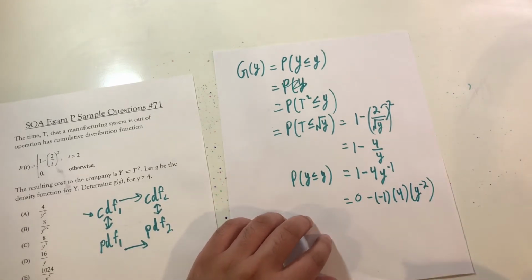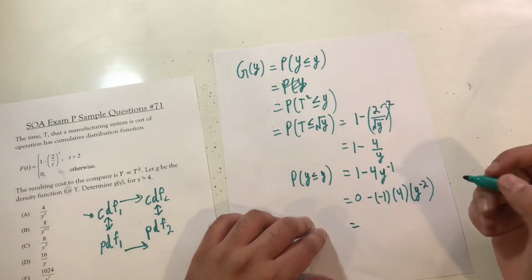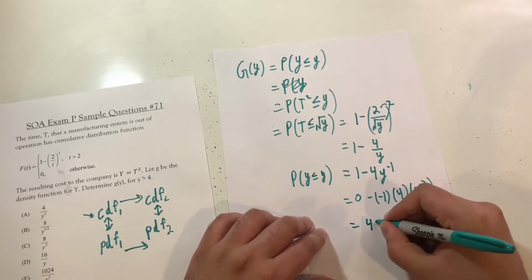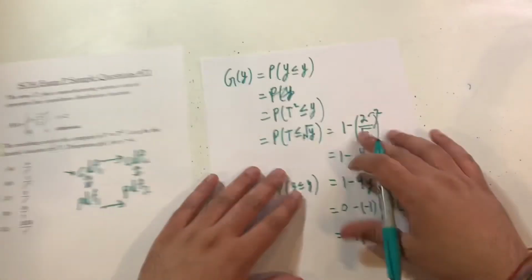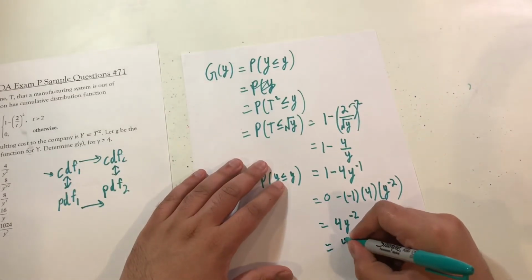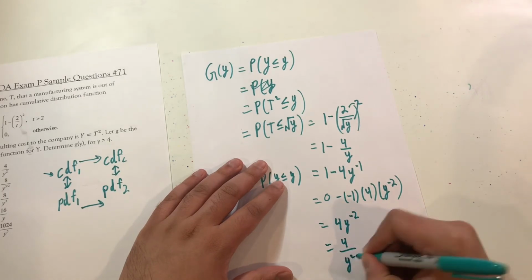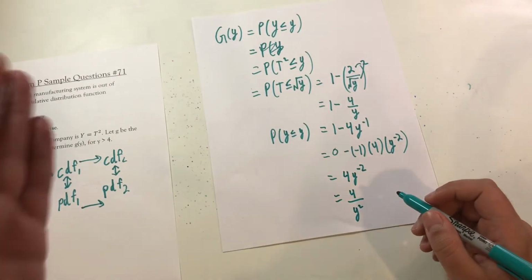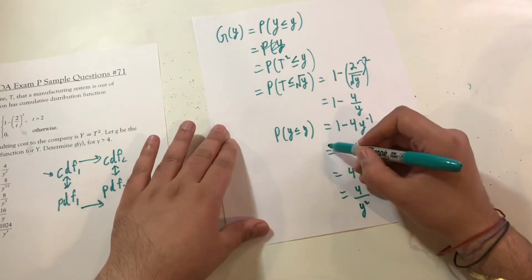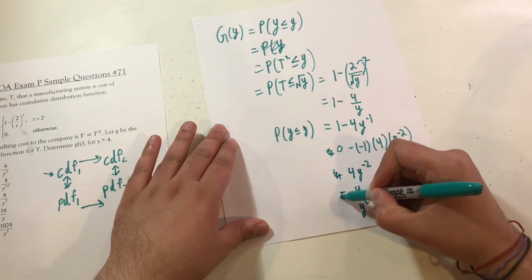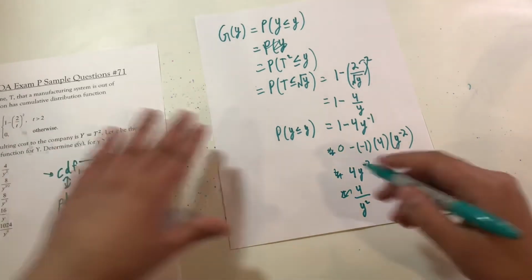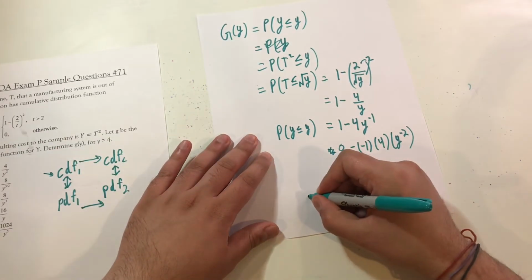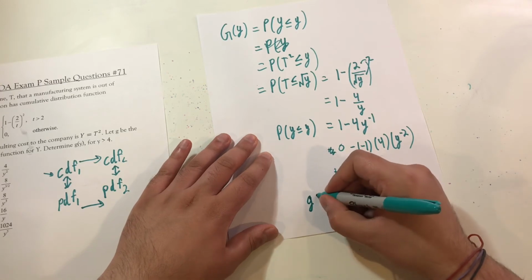And simplifying all of this, I get 4y to the negative second. There are no negative exponents in any of my answer choices. Quick conversion gets me 4 over y squared, and that is the PDF. So that is now the PDF of function y. Right, so this is what g of y is equal to. Answer choice A.